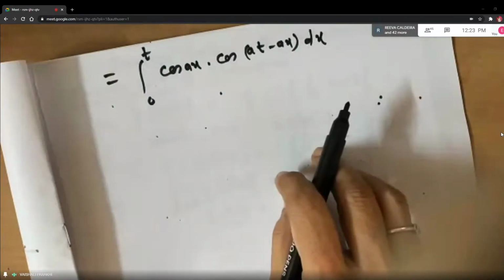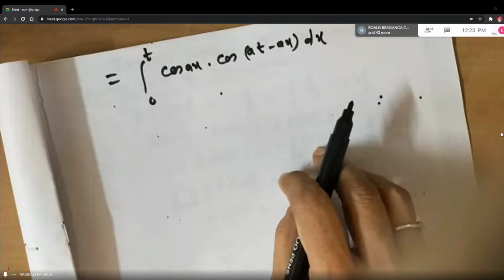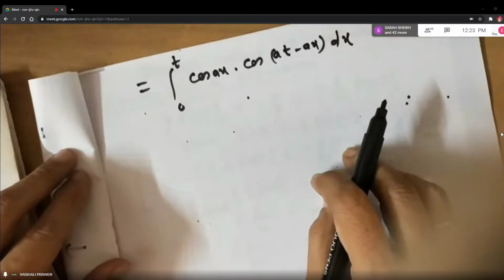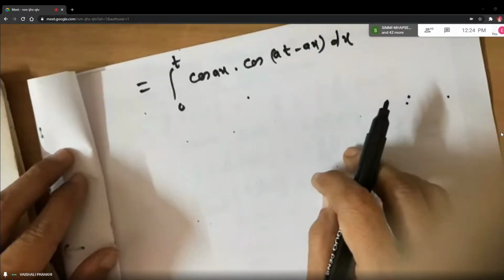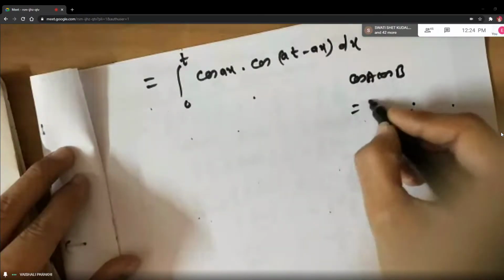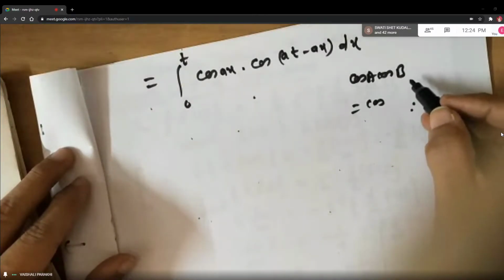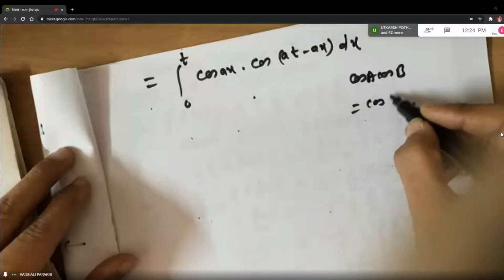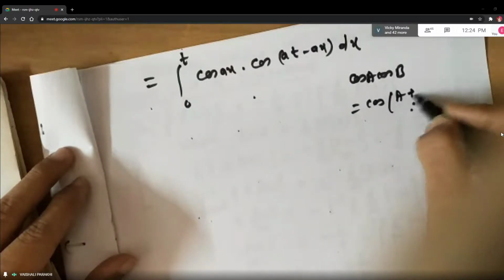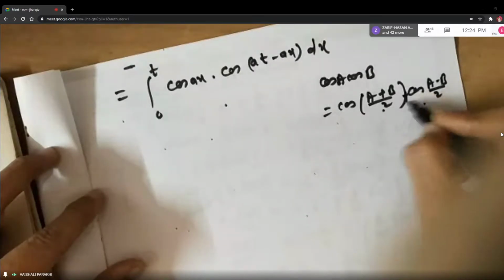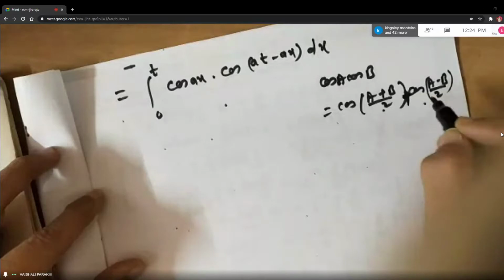Do you remember what is the cos A cos B formula? What is the cos A cos B formula, students? I think it is cos of A plus B by 2 into cos of A minus B by 2, with a plus in the middle. Am I sure?